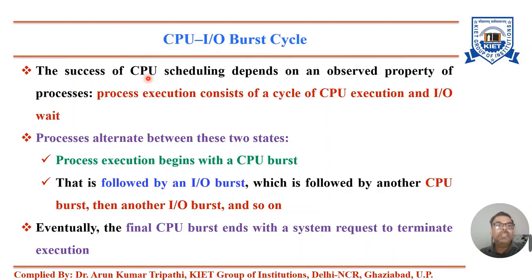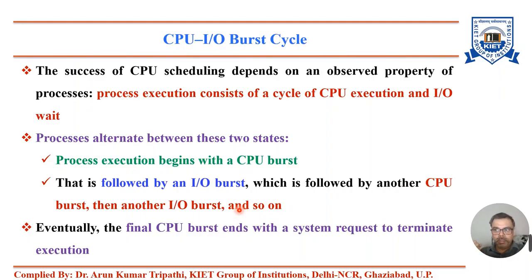The success of CPU scheduling depends on an observed property of the process. Process execution consists of a cycle of CPU execution and IO wait. The process alternates between these two states. The process execution begins with a CPU burst, followed by an IO burst, which is followed by another CPU burst and then another IO burst.